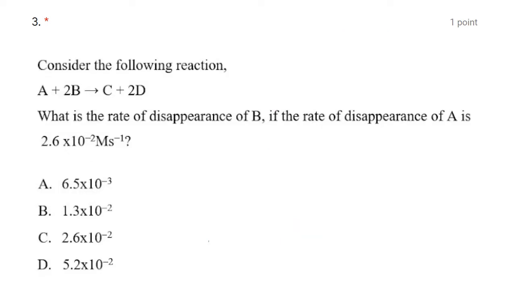Question 3. Consider the following reaction. What is the rate of the disappearance of B if the rate of disappearance of A is 2.6 exponent negative 2 molar per second?